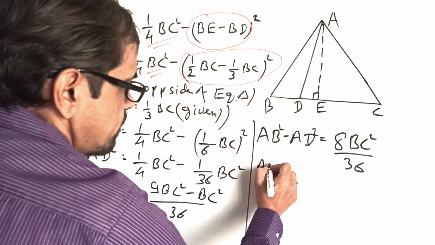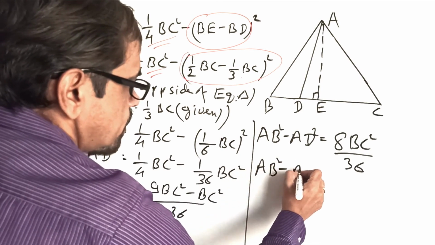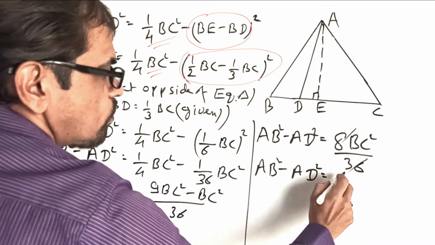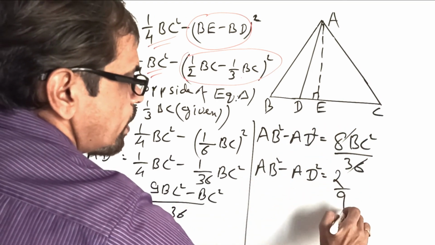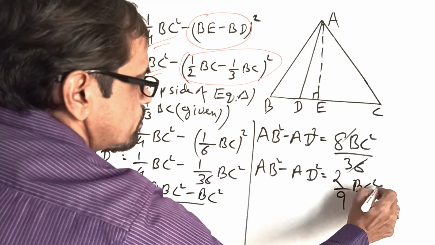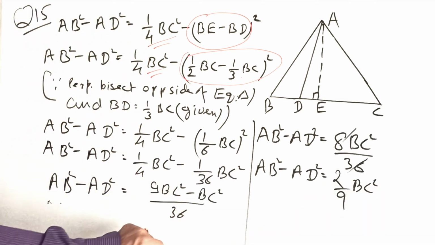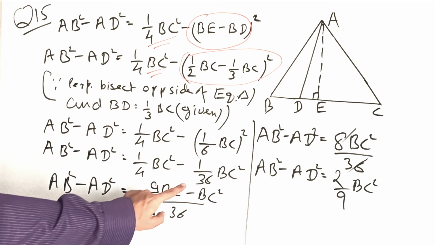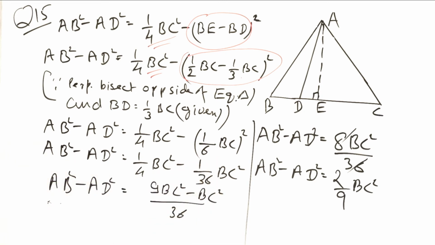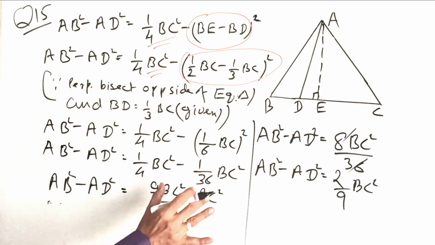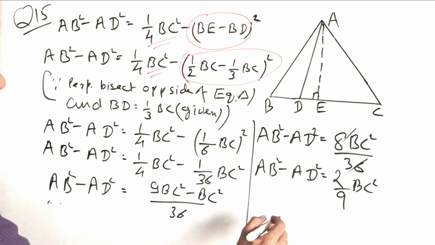So AB square minus AD square we can cancel by 4, 4 2s are 8 and 4 9s are 36. This is BC square. Try to understand. This was the LCM, then 4 9s are 36, 1 BC, then we cut it. You can pause the video or go back and see it properly. If any doubt you can write in the comment box also.